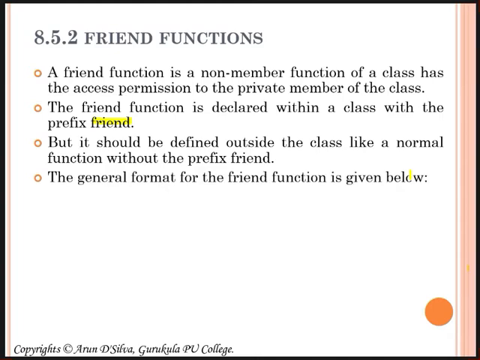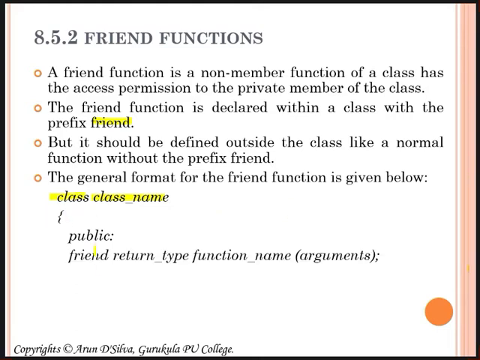The general format for a friend function is given below. You just create the class by using the class keyword and the class name, and in the public section you create a function, specified with the friend keyword. The return type specifier will be there, the function name, and the argument list, and here you only have to declare.